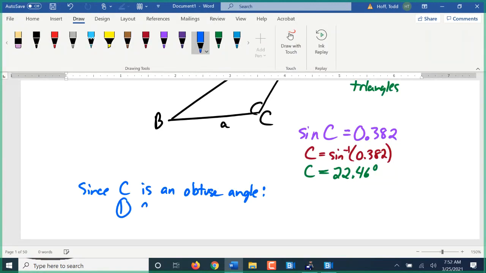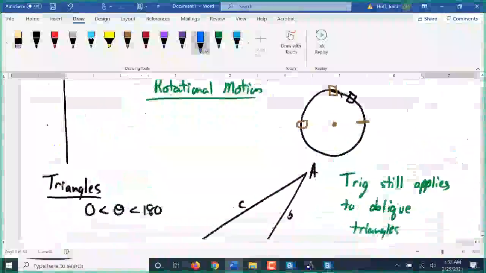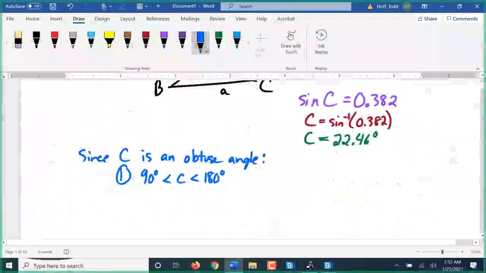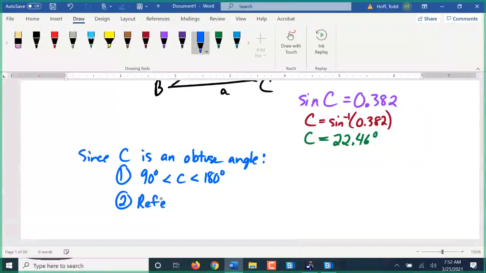One, we know that C is between 90 and 180 degrees. And because it's between 90 and 180 degrees, that means it's in this second quadrant of our unit circle. We know that the reference angle for C is 22.46 degrees, but not C itself.